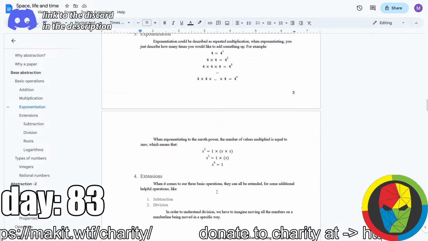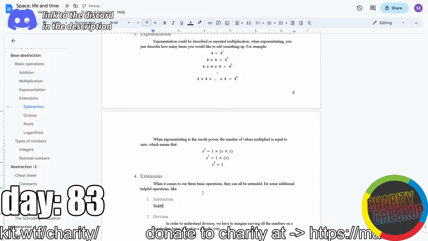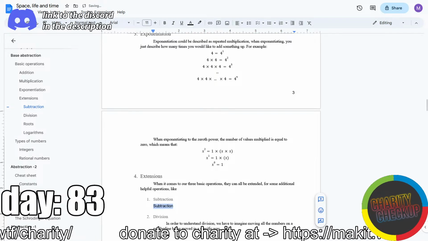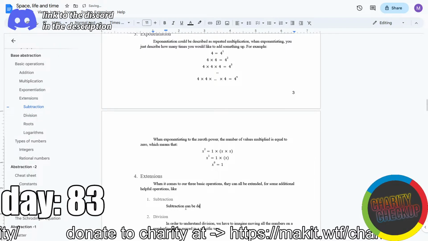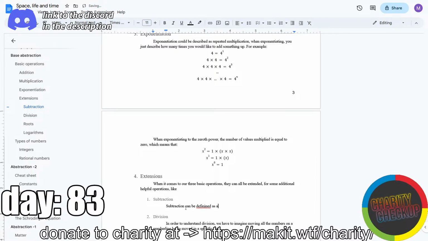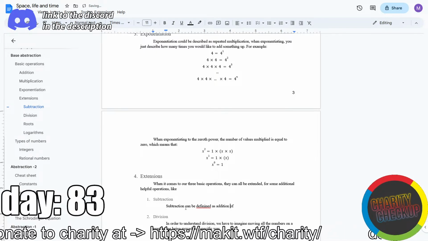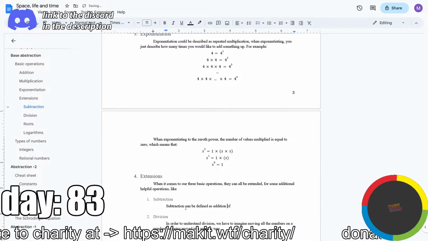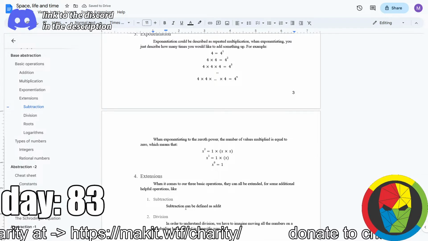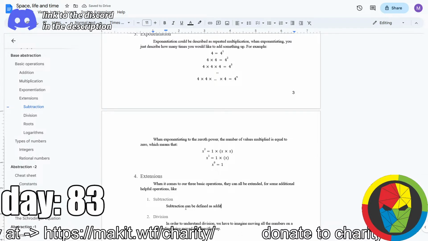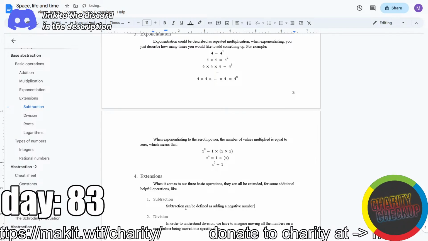Now we have subtraction, right? No, we don't have subtraction. Subtraction can be defined as adding a negative number.